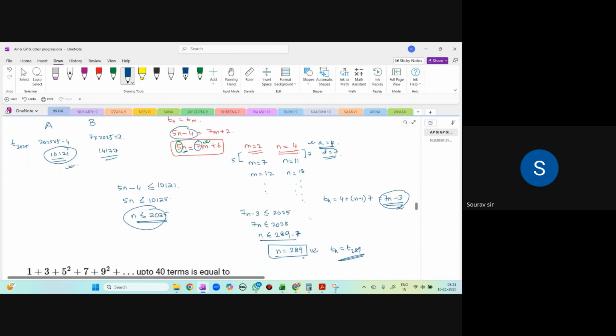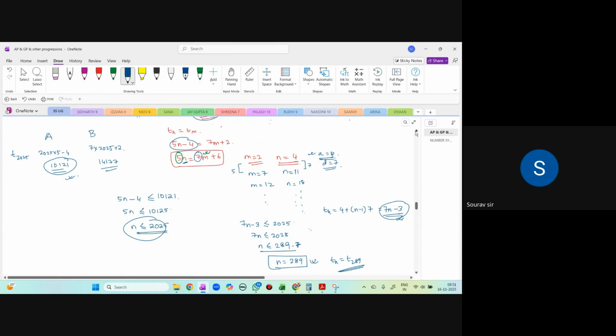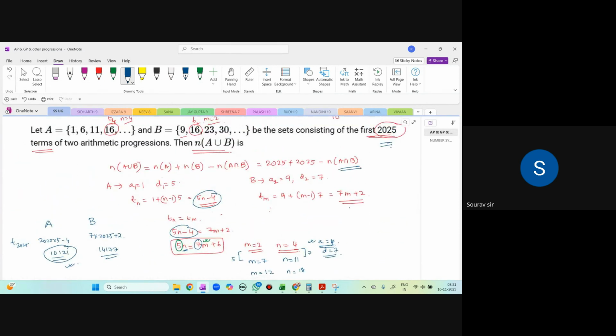So therefore, the n value has to be 289. So there would be 289 terms in this. So this value will be 289. So that means this will be 2025 plus 2025 minus 289, which is 4050 minus 289.